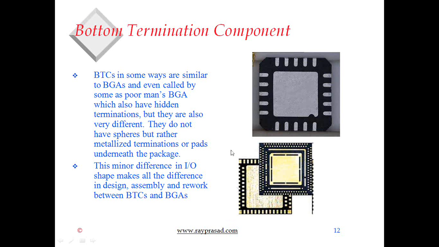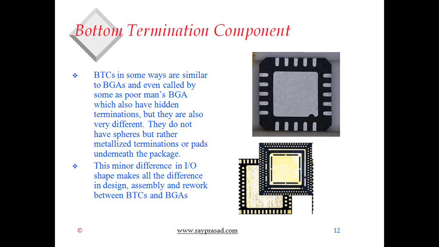And if you think about the BGA, it's essentially the same idea here. It will have a BGA that, instead of these flat leads, has a ball or many balls. A lot of people call the BTC a poor man's BGA, because you don't have to put the ball on.